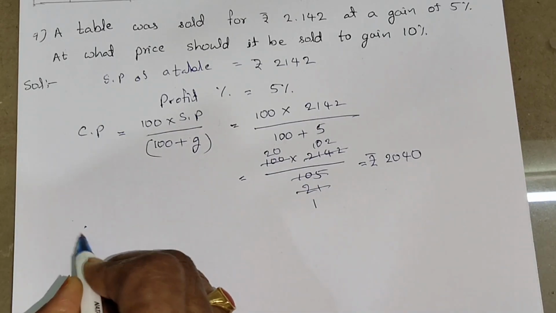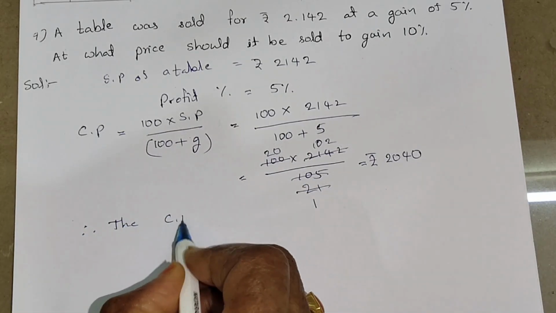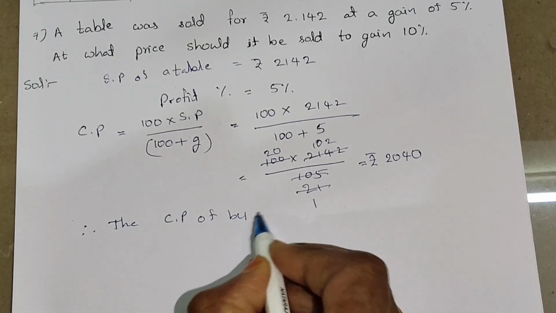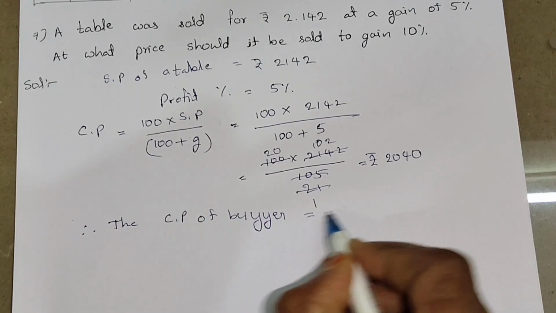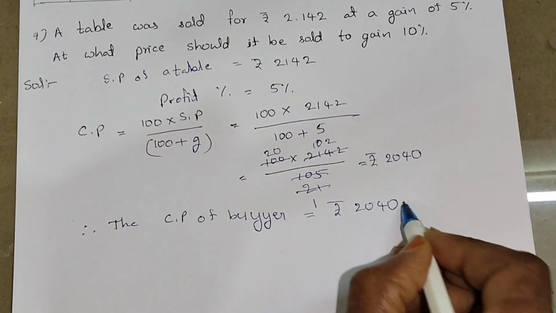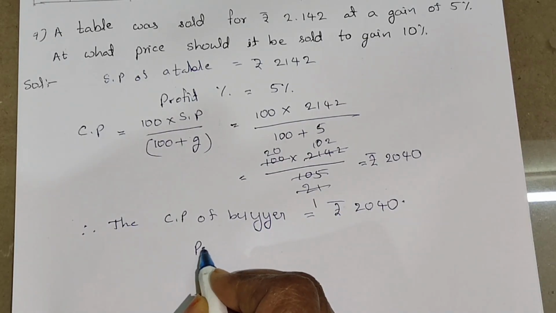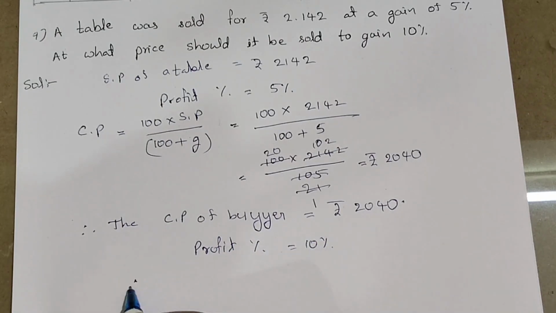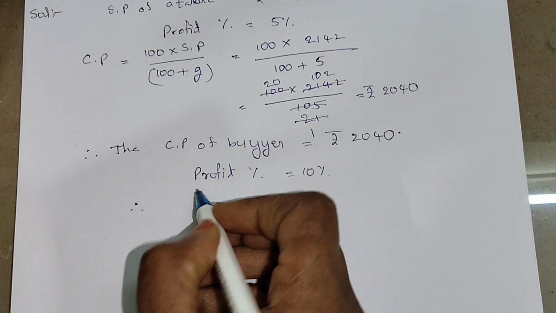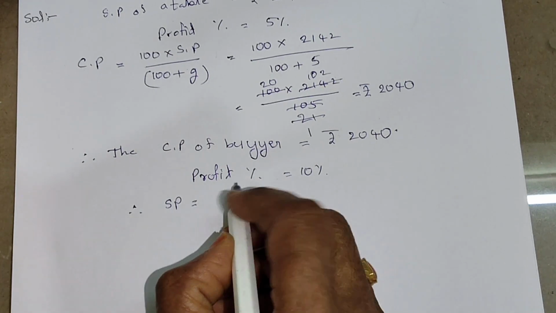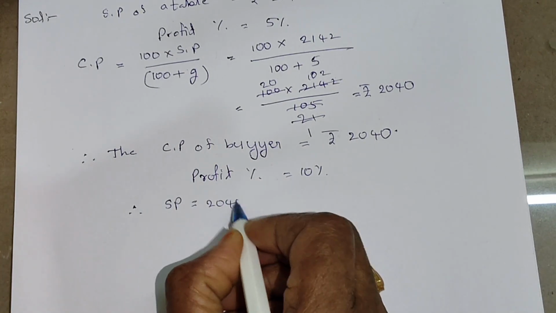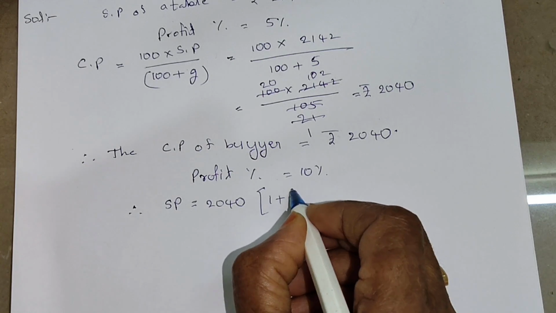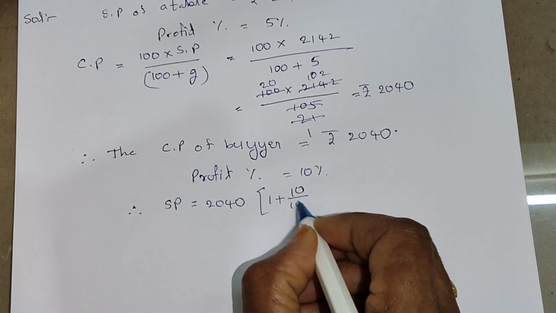So therefore the cost price of the buyer is 2040. Now again the profit percentage is equal to 10%, so now we find the selling price. Selling price is equal to cost price into 1 plus profit 10 by 100.